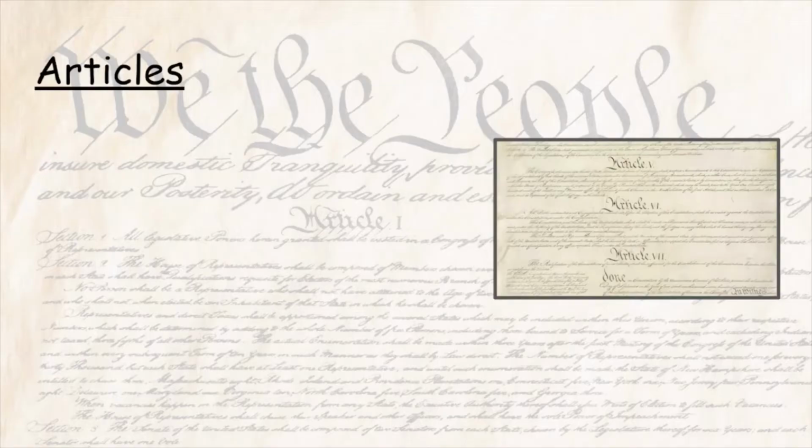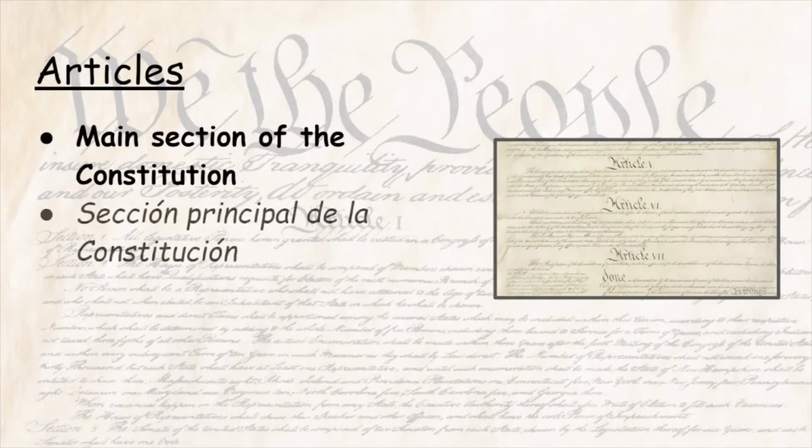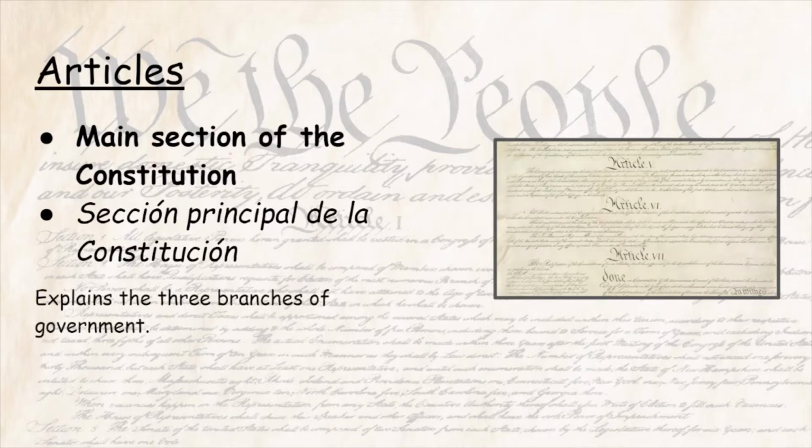The next parts of the Constitution are the articles. This is the main section of the Constitution, la sección principal de la Constitución. Is the part that explains the 3 branches of government.